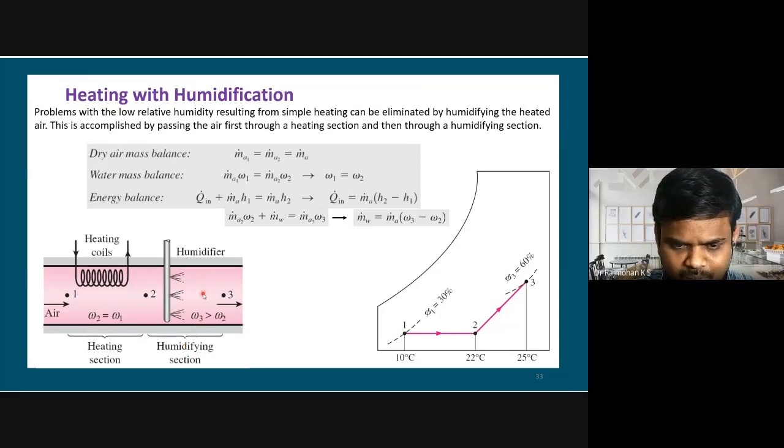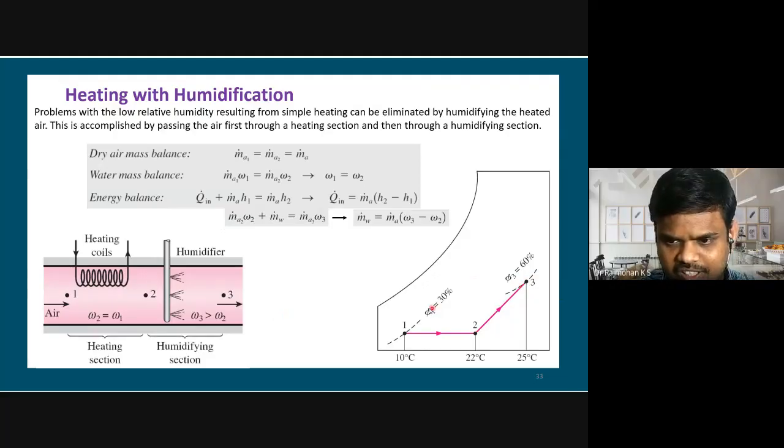We know the amount of water vapor per kg of dry air is called absolute humidity. Obviously, when more vapor enters the air, we have an increase in the absolute humidity. So from 2 to 3 we are going to have a different absolute humidity; the humidity gets increased.